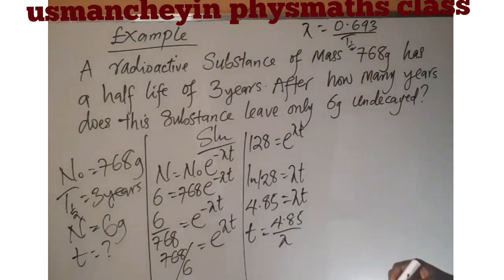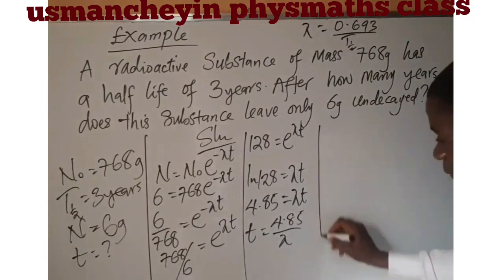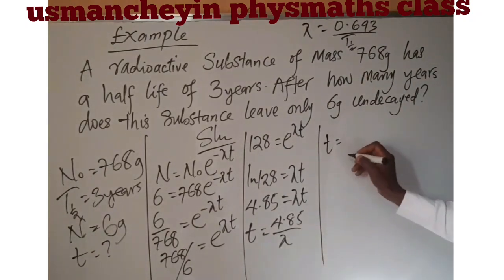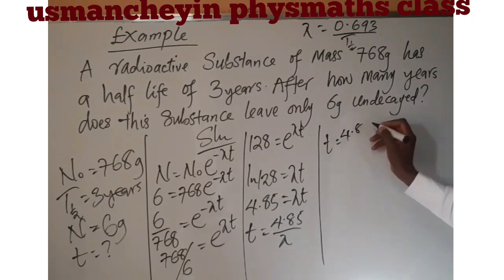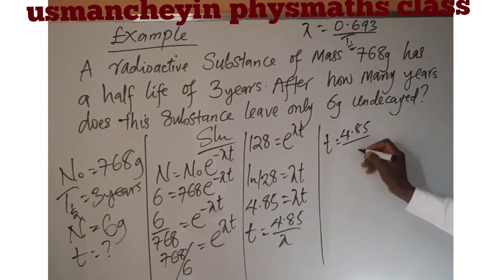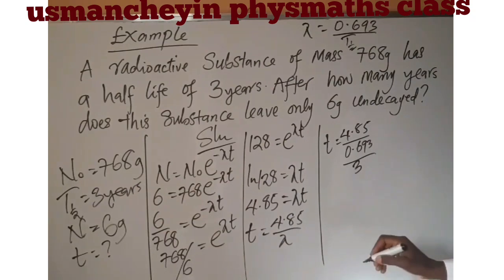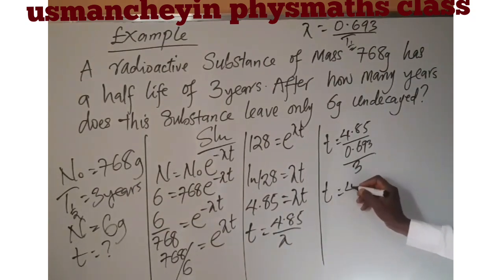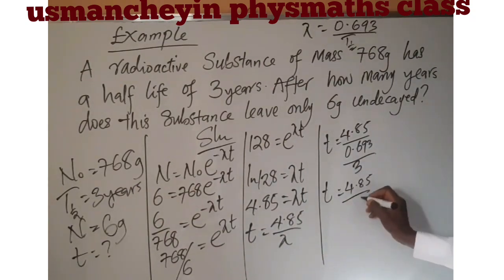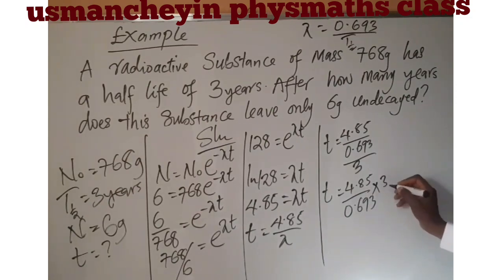So t is equal to 4.85 divided by 0.693 over 3, which is the same as 4.85 over 0.693 multiplied by 3.